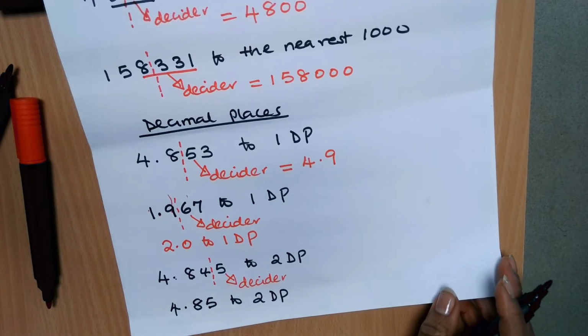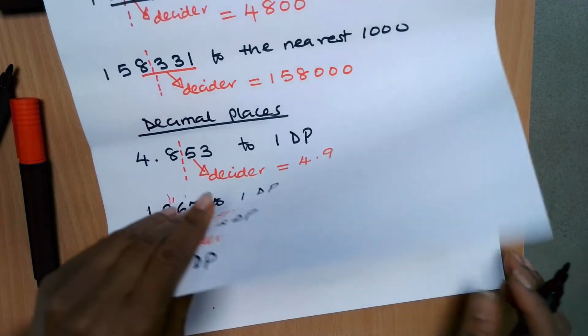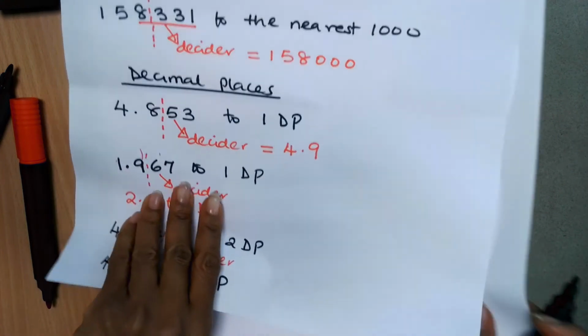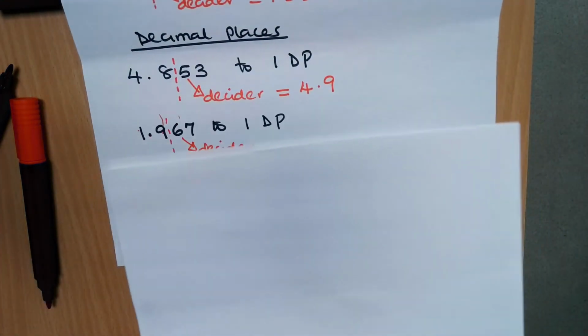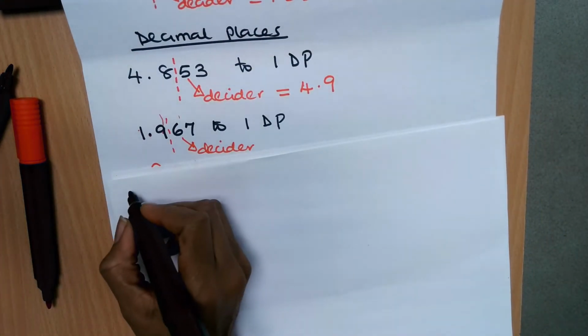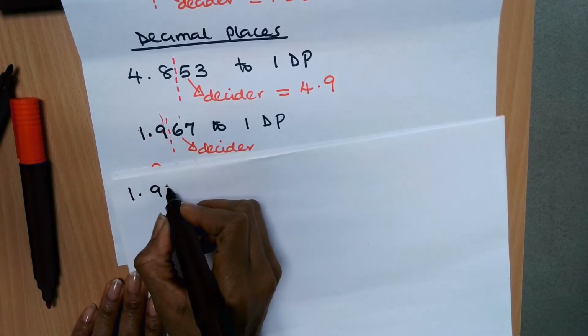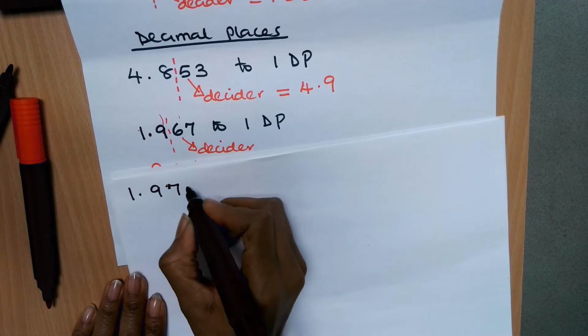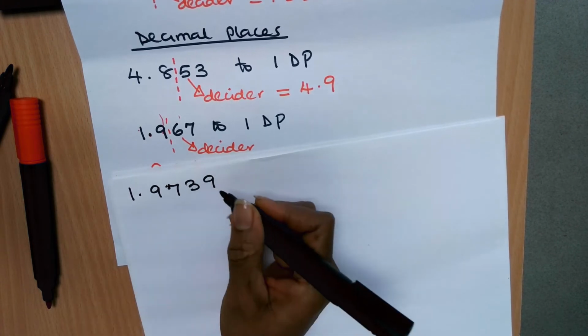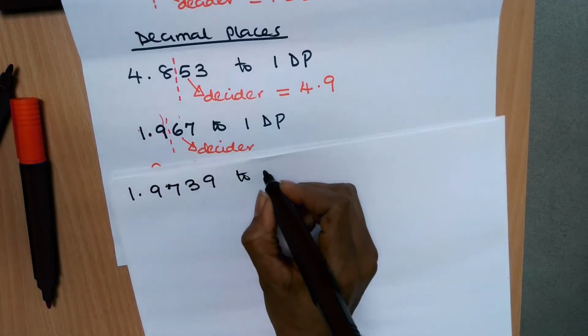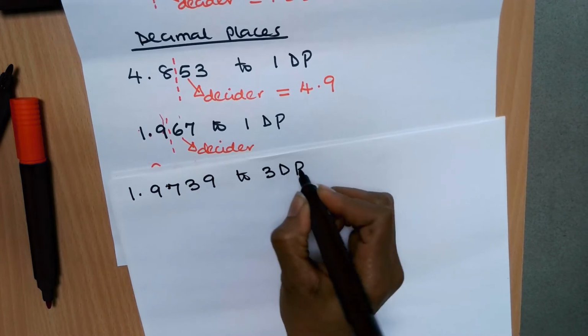So let's have one more example. We've got 1.9739 to 3 decimal places.